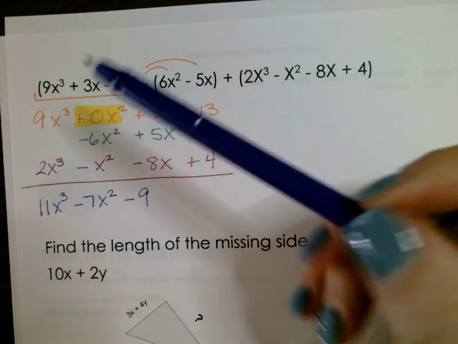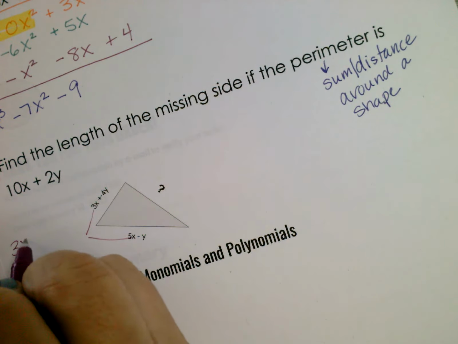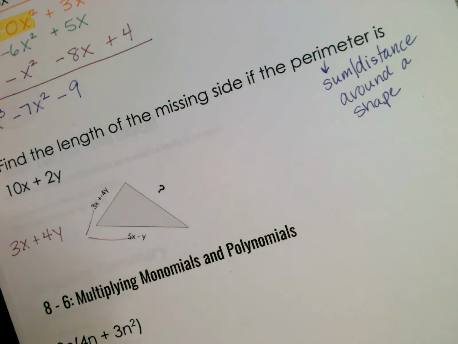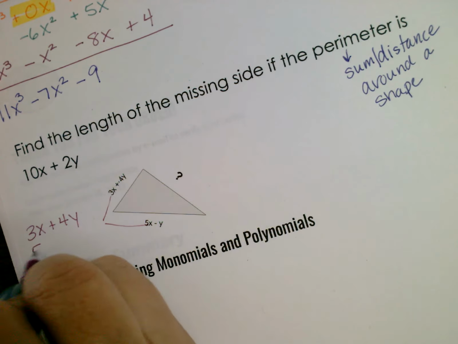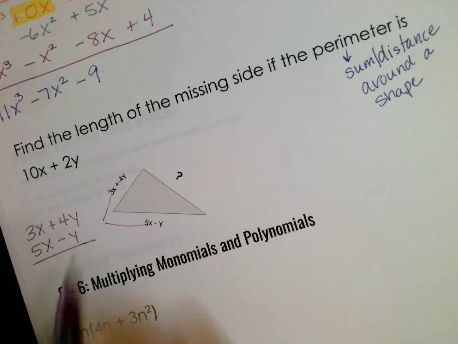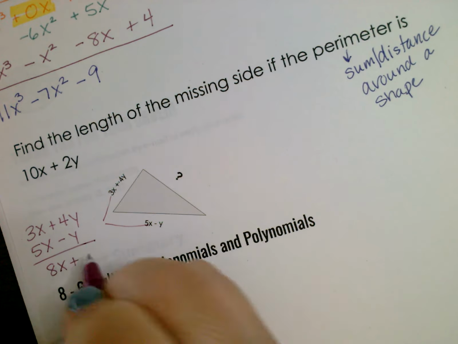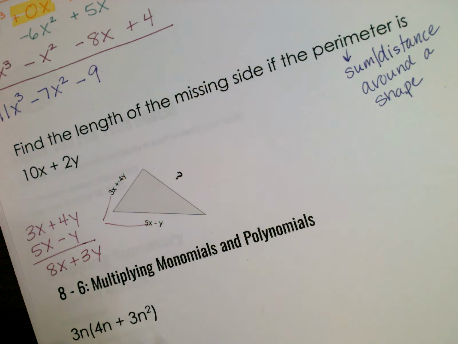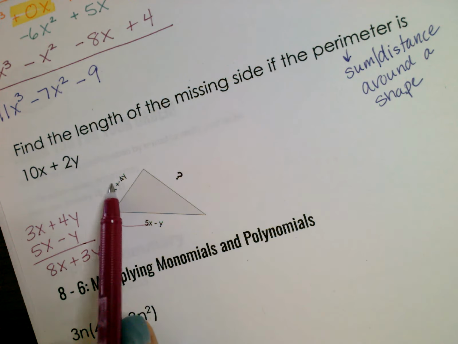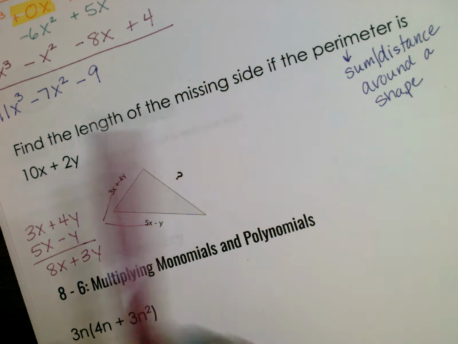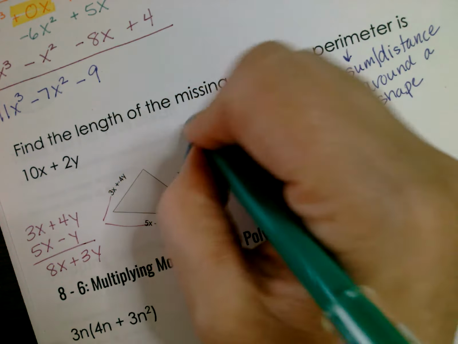So this side plus that side needs to equal the perimeter. What I'm going to start with, and there's many ways to approach this, is I will add my two given sides together. (8x plus 3y). So that is 2 out of the 3 sides.